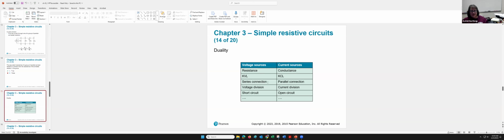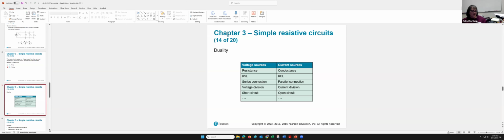For voltage sources, we're talking about a series connection and voltage division. That's really the only part of this chart that I like. And then for current sources, we're talking about parallel connections and current division. Okay, and then we can talk about a short circuit or an open circuit. So once again, I'm not real crazy about that chart, but the part that I do like is that series connections divide voltage, parallel connections divide current.